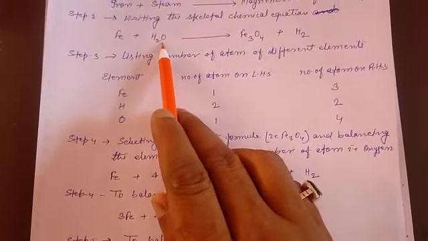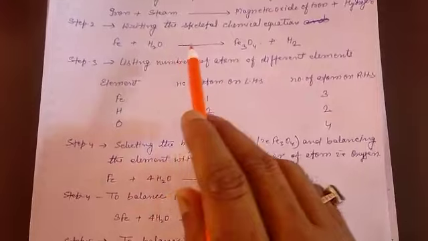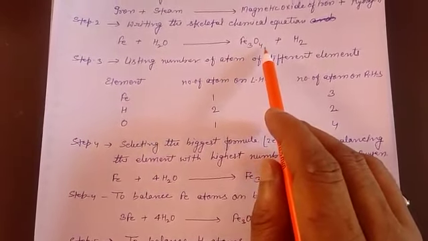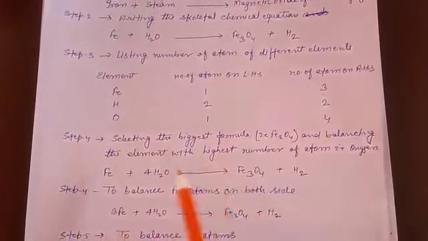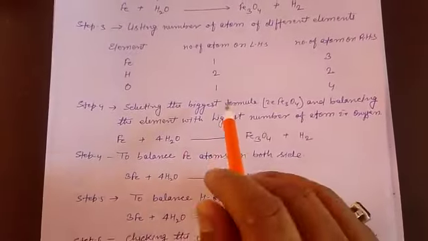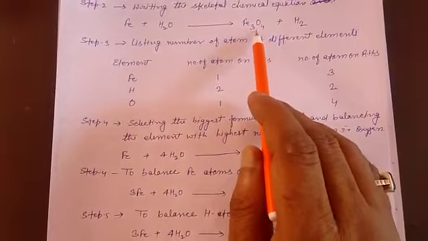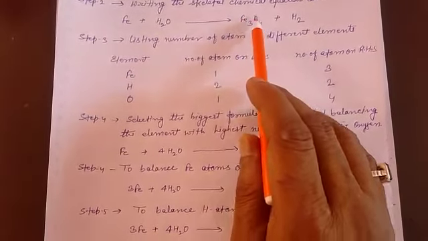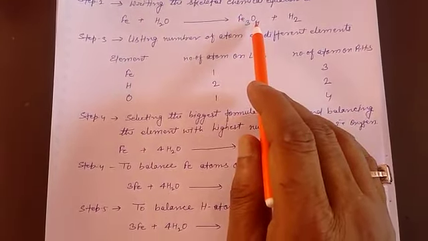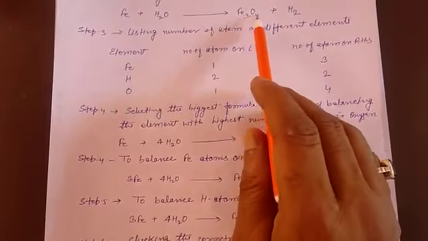For oxygen, there is only one oxygen on the left hand side and 4 oxygen atoms on the right side. Now the biggest formula in this equation is Fe3O4. So you need to balance first of all these elements, that is iron and oxygen.